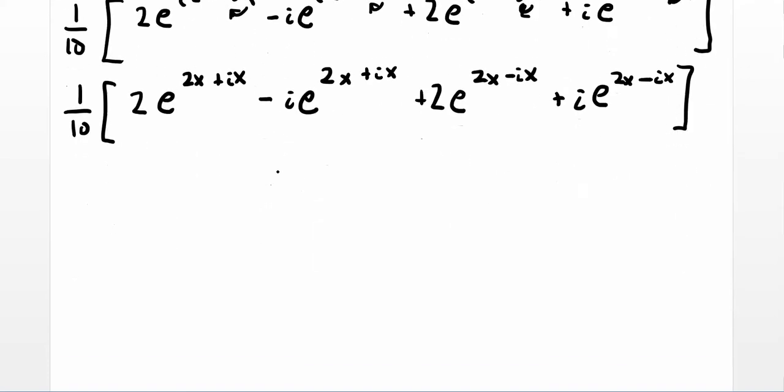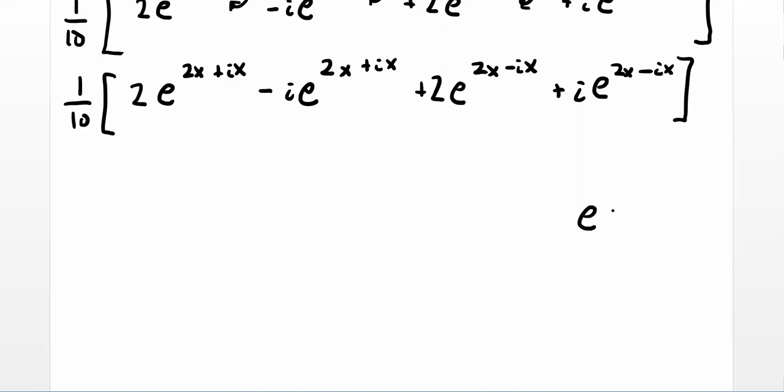Okay, so recalling one of your properties of exponents, e to the a times e to the b equals e to the a plus b.